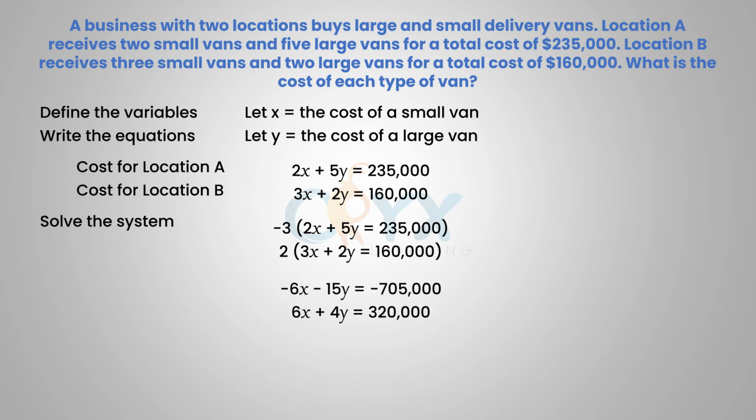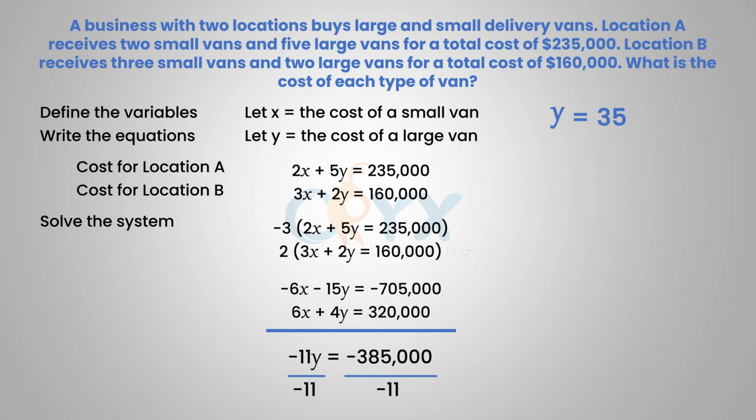If I add the equations together, I can see that the x terms eliminate, and I'm left with -11y equals -385,000.